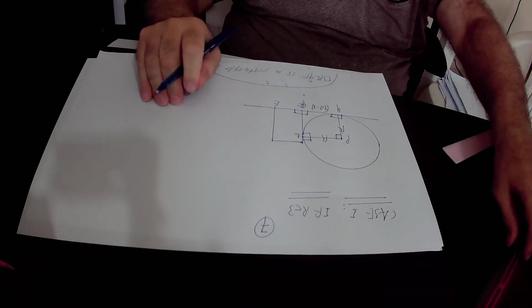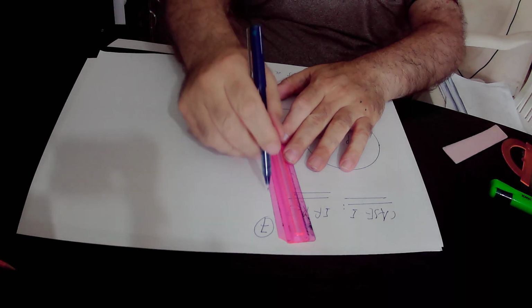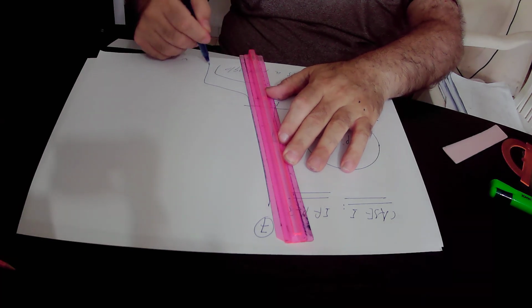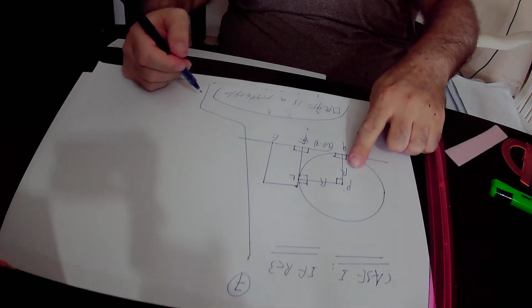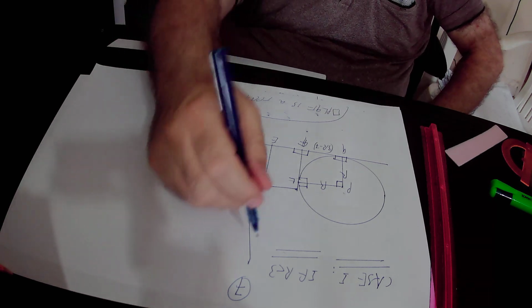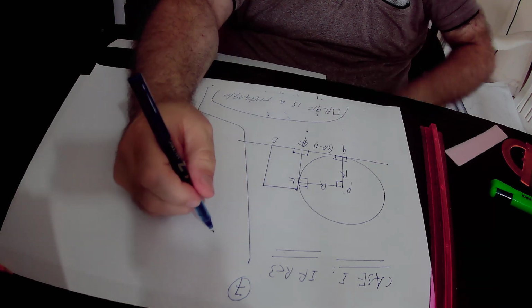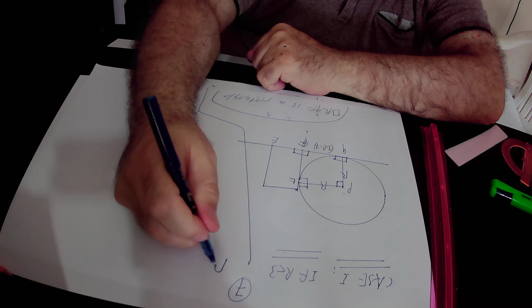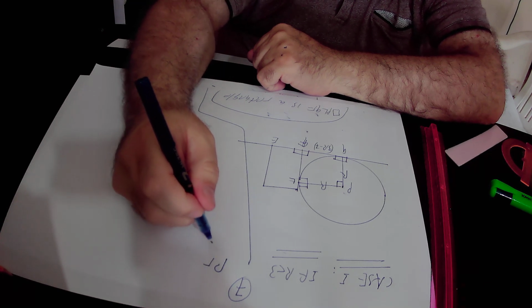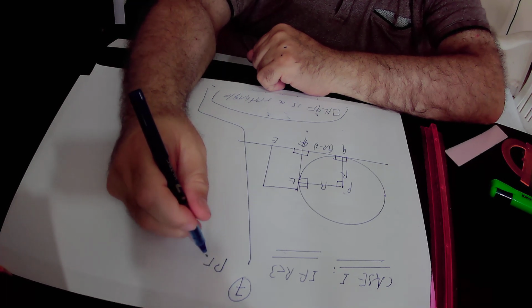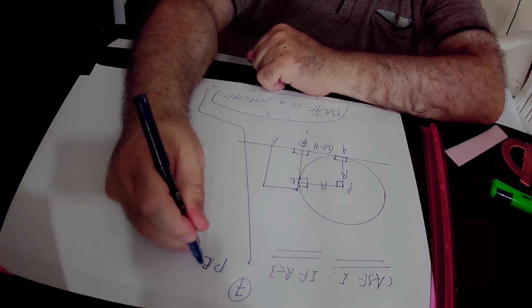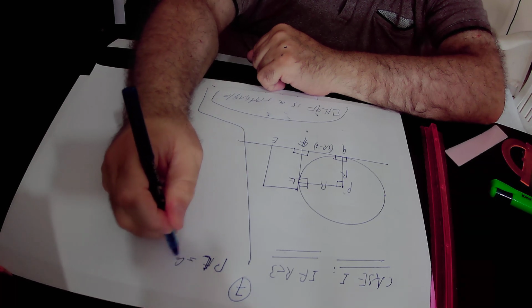So, therefore, in rectangle PLQF, we get that side PL must be equal to side QF. Side PL equals side QF.